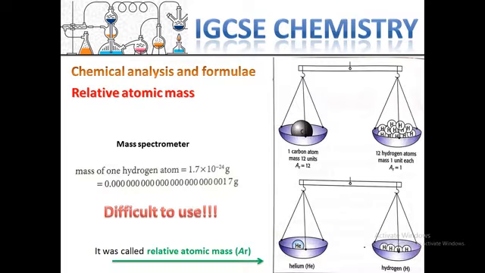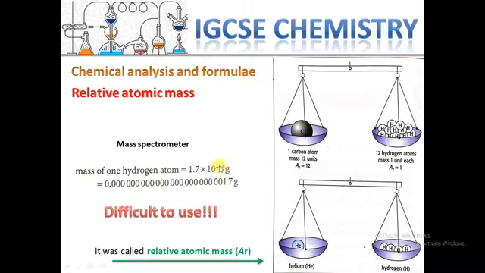A long time ago, a mass spectrometer was used to measure the mass of a hydrogen atom. Scientists obtained this number, 1.7 times 10 to the power minus 24 gram, for hydrogen atoms.